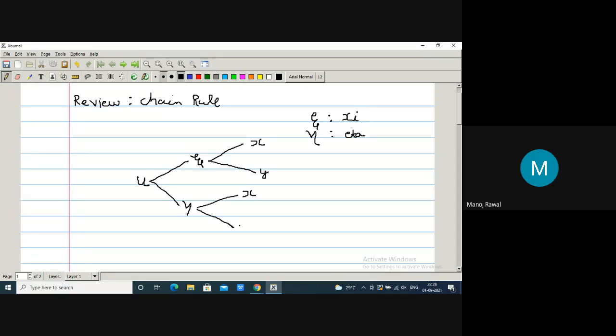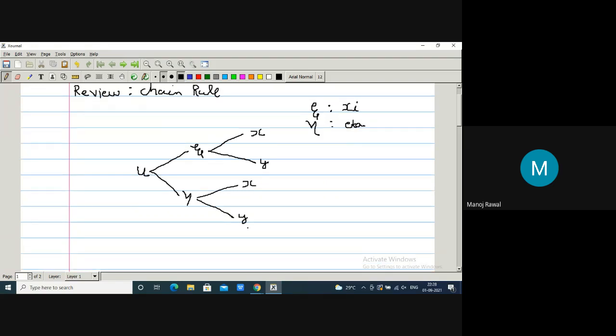So we are on step one of chain rule. In the next chapter, it will become slightly complicated. So you have to understand step one first in order to know step two later on.